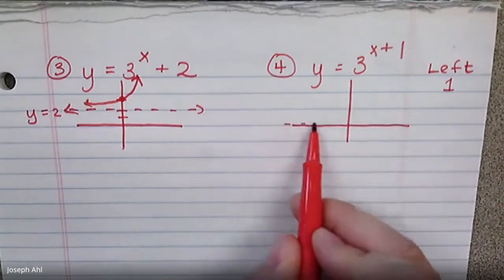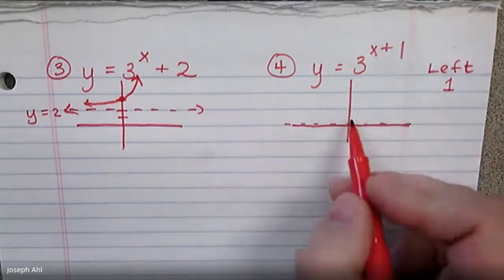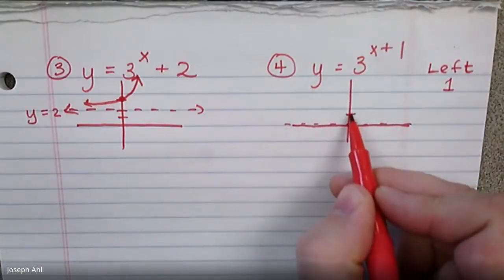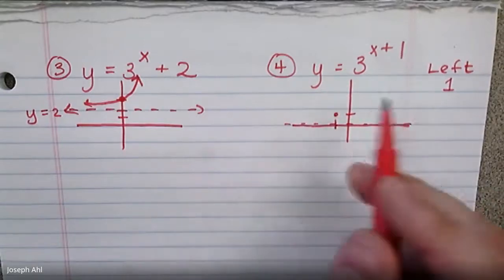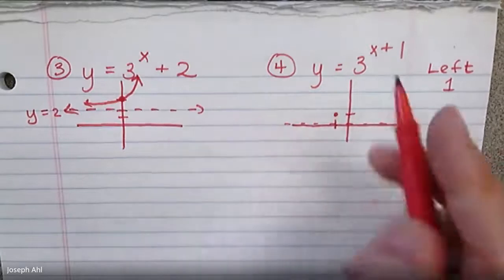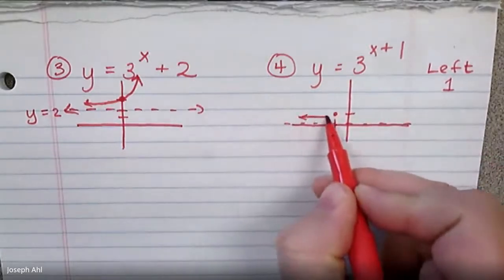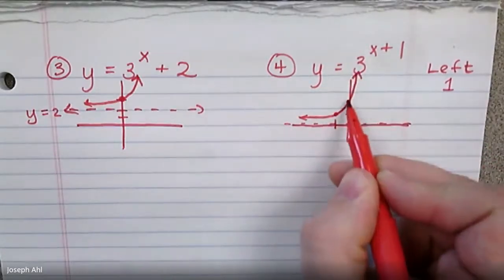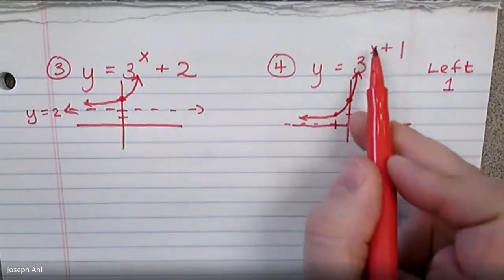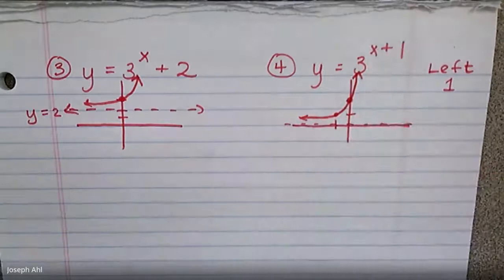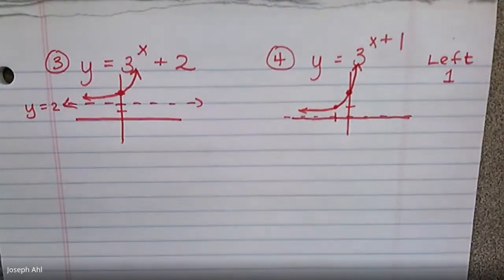So we're not going to see a huge change here, but when we move it to the left 1, the y-intercept, which used to be at (0, 1), is now at (-1, 1). So if you think about taking that parent function, just picking it up and moving it to the left, it is going to change where the y-intercept is. In fact, the y-intercept, if you plug in 0 for x, would be at 3 to the first power, which is now at (0, 3).